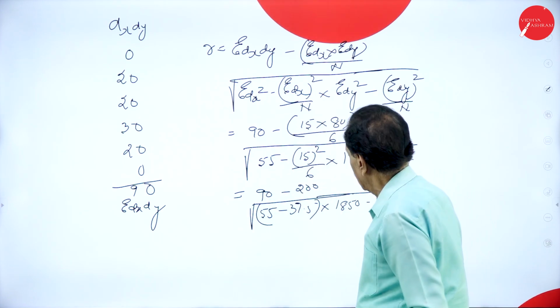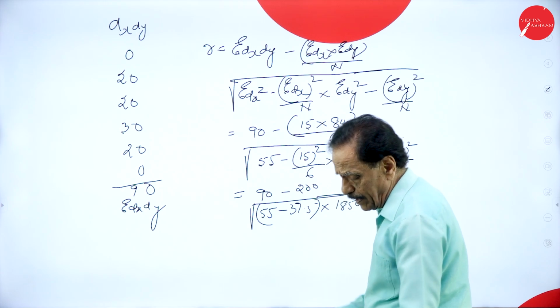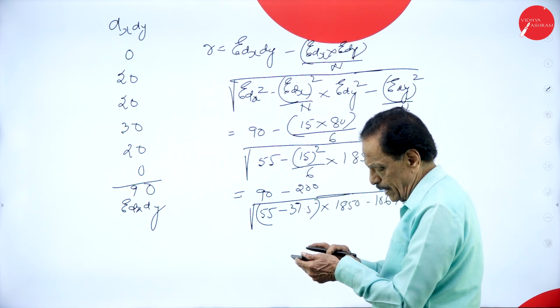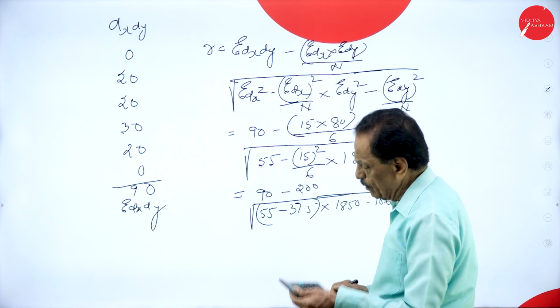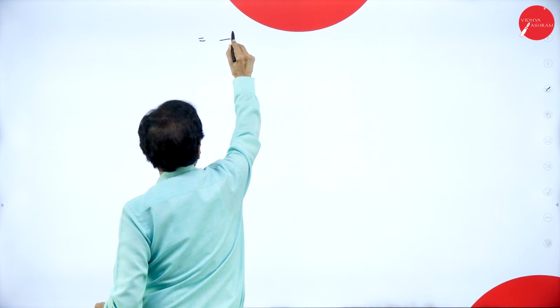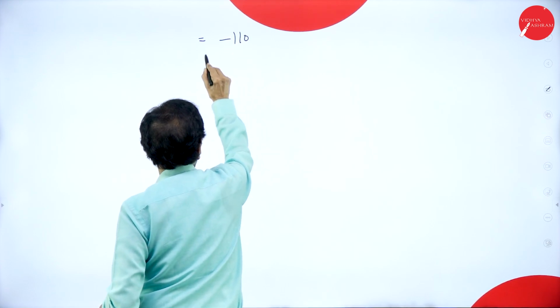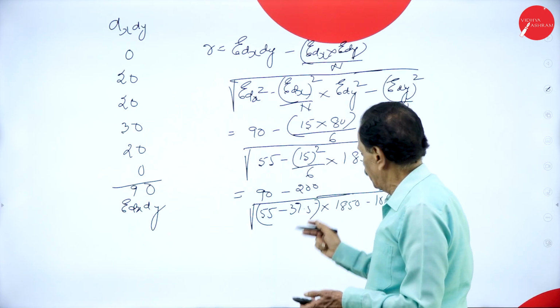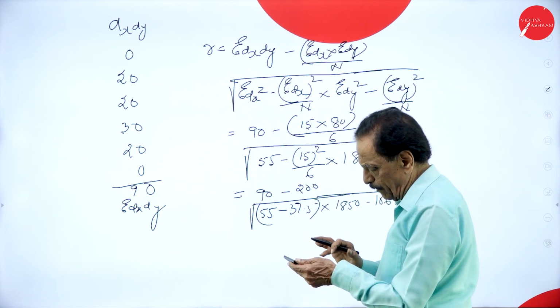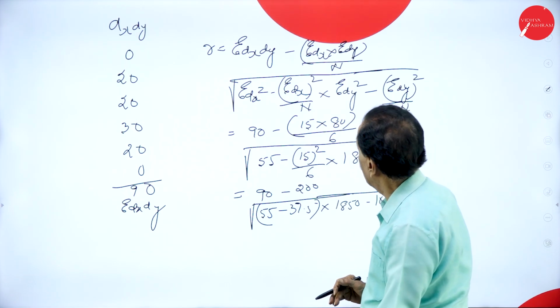Simplify this. 90 minus 200, this is 200 minus 90 is equal to minus 110, divided by root of 55 minus 37.5, 17.5.